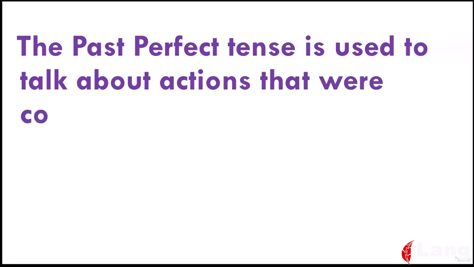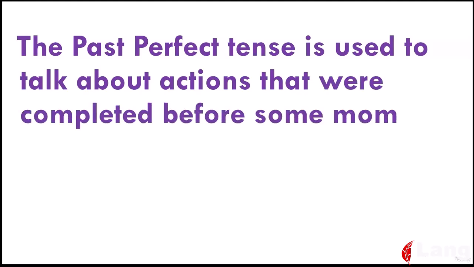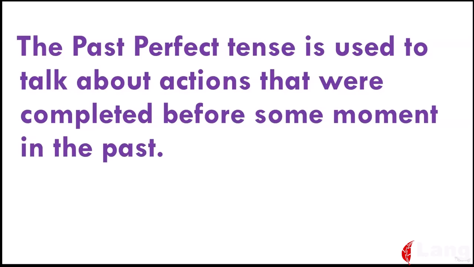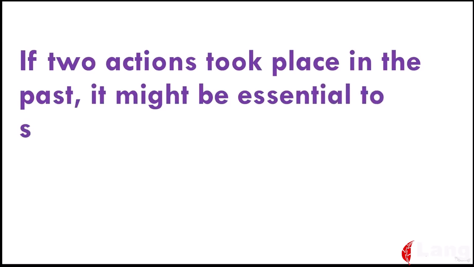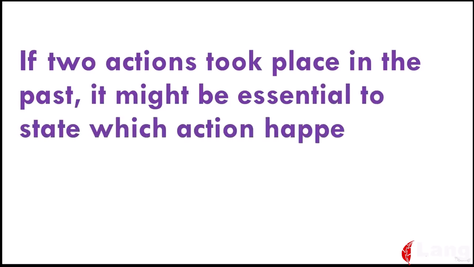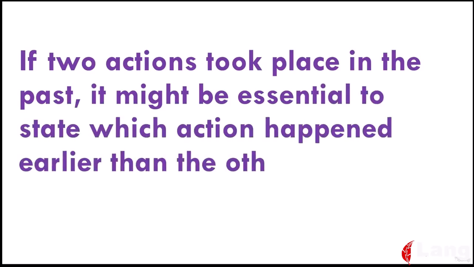The past perfect tense is used to talk about actions that were completed before some moment in the past. If two actions took place in the past, it might be essential to state which action happened earlier than the other.